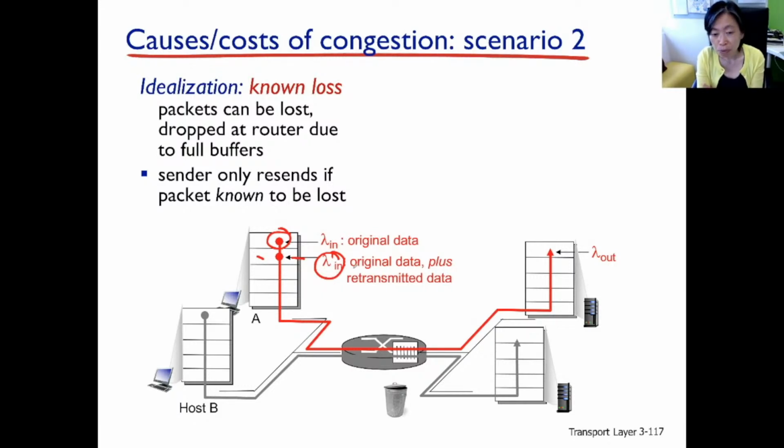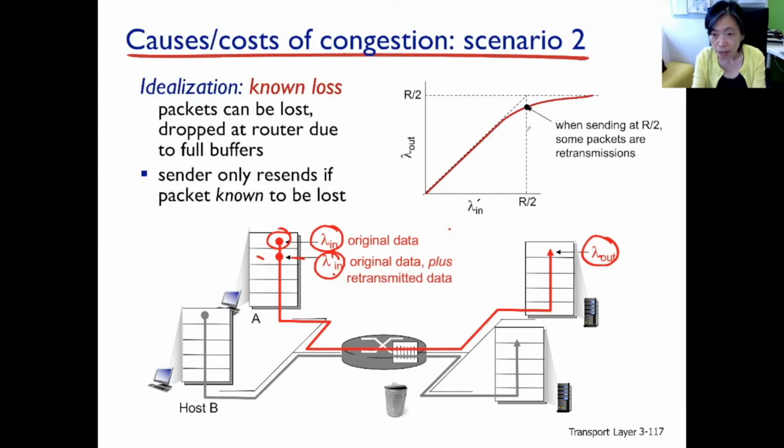So lambda in prime, the output rate at the transport layer, is definitely going to be higher than the output rate at the application layer. Now the output rate at the application layer for TCP is going to give you the same thing at the receiver end. Therefore, you see lambda in prime versus lambda out. Lambda in prime is going to be higher than lambda out.